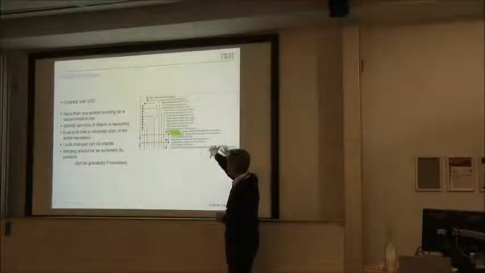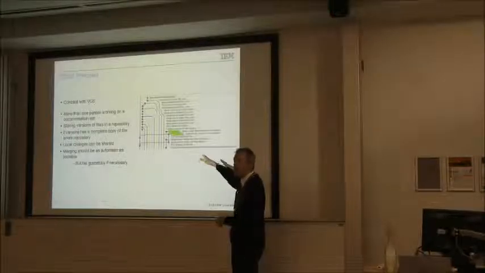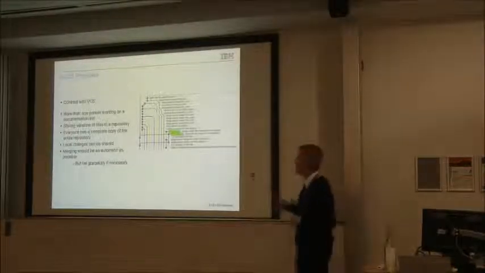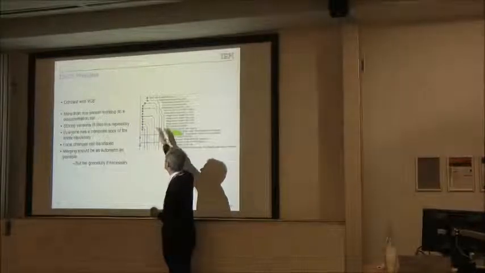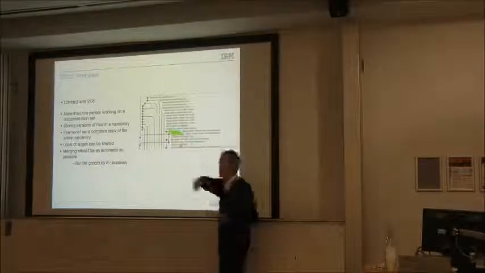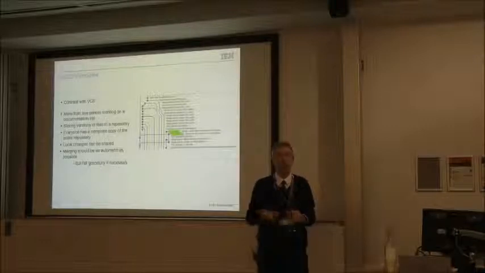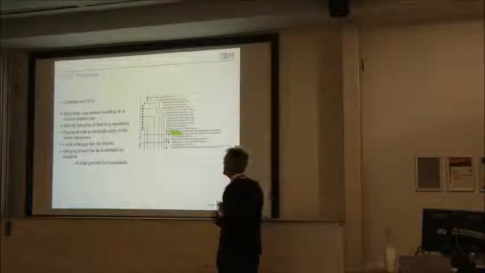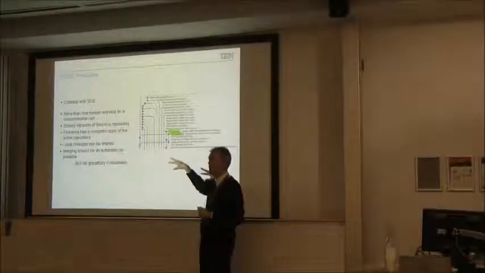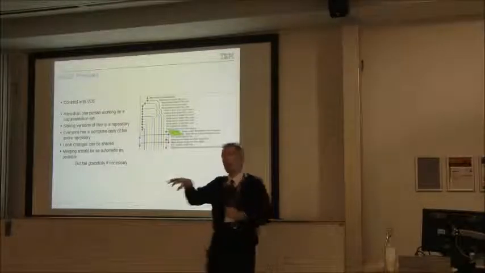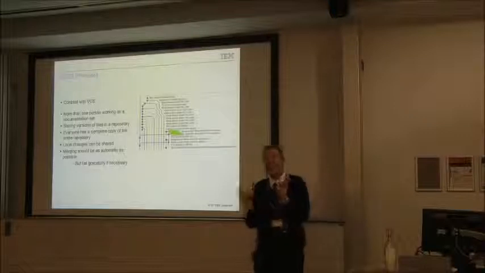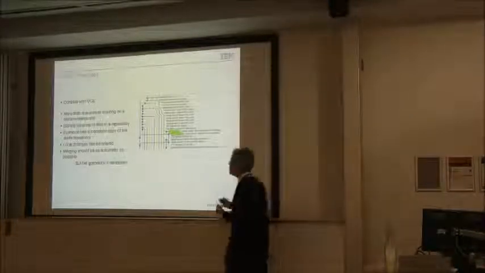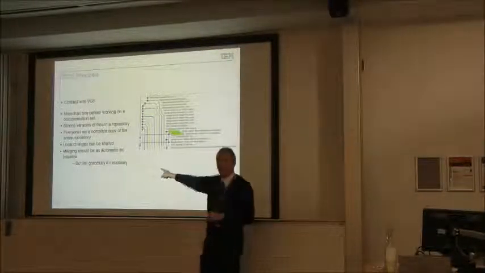So this is a graphical view of the Git repository for this particular project. And crucially what's happening is you can see lots of different branches which are being merged in as required. Now the interesting thing about the merge is that within Git it is handled automatically for you. And what we would like as far as DITA is concerned, in other words as far as XML is concerned, we want the merging to be as automatic as possible.